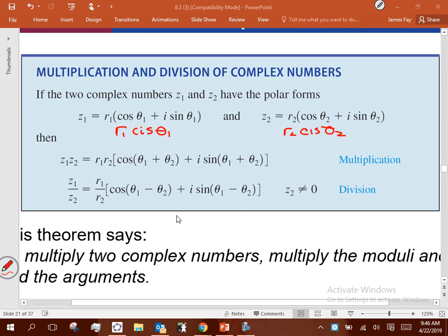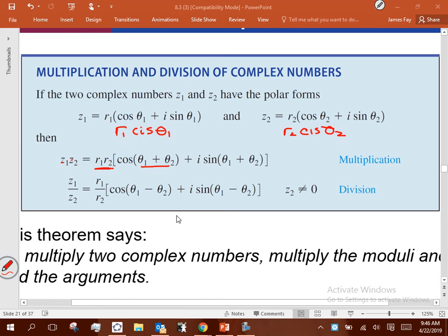All right. So what this is saying is, if I have these two points in polar form and I want to multiply them together, I'll take z1 times z2. All I have to do is multiply the radiuses and then add the thetas.